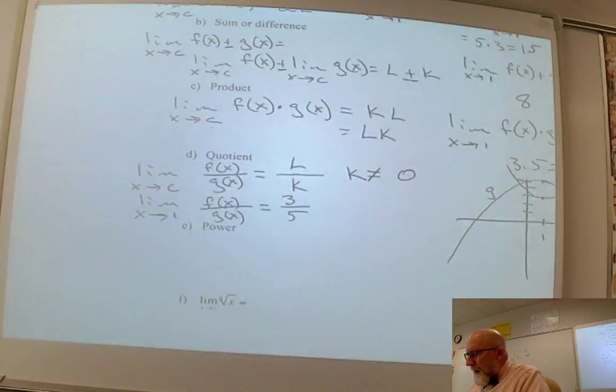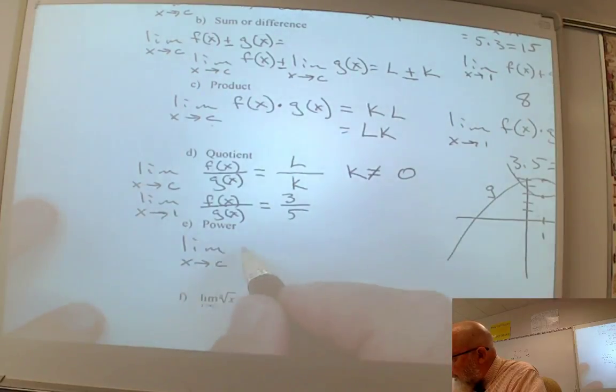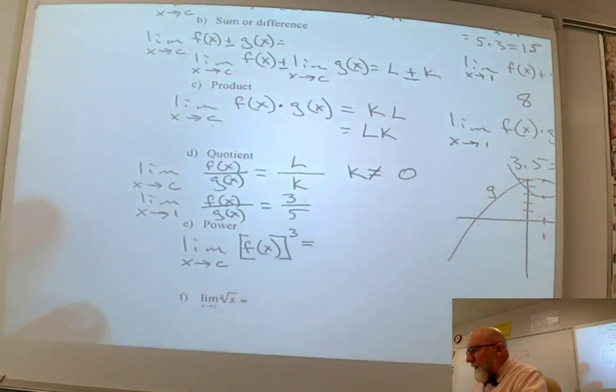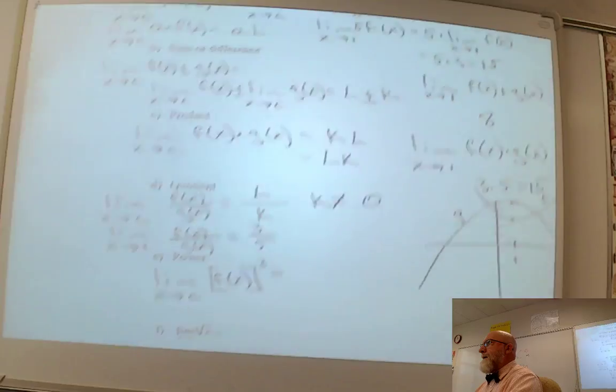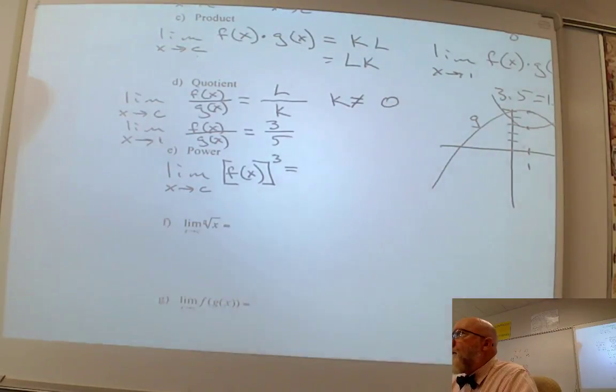All right. Power means this. If I have the limit as x approaches c of f of x to the third power, anybody want to take a guess of what that is? Cora, do you think you have an idea?